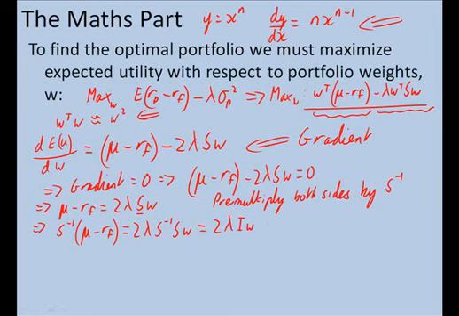We know that I times W is equal to W. This is like 1 times W. So we get 2 lambda W. We can rewrite this as Z equals S inverse times mu minus RF, and Z is equal to 2 lambda times W. We've now solved for Z, and Z is equal to 2 lambda W, but we want W.